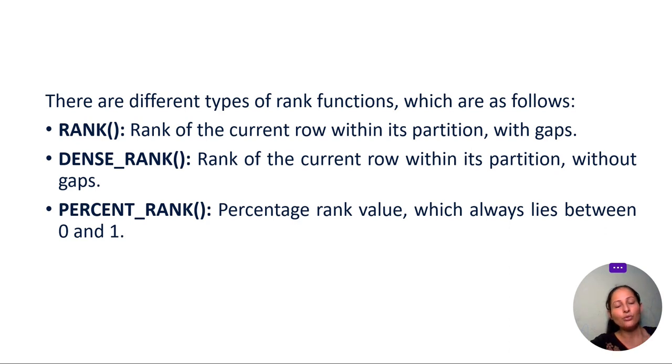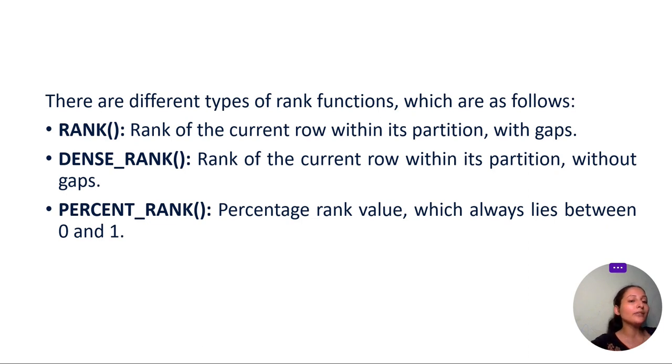For example, take a bunch of 5 students, where 3 students have 98 marks, the fourth has 95 and the fifth has 90. The students scoring 95 and 90 actually have the second and third position in the class, but after applying the rank function you get fourth and fifth.